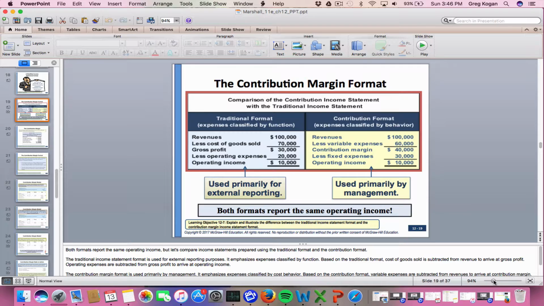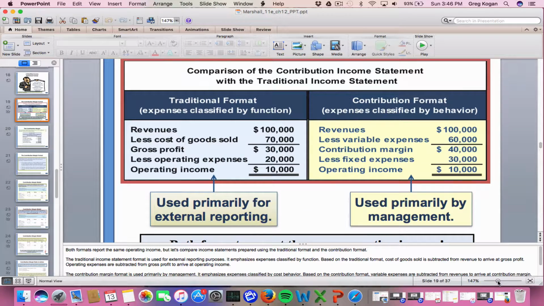So let's look at that one more time. This is the big piece to know from this. Revenues less variable expenses goes to contribution margin. Contribution margin shows us how much we have to dedicate to fixed expenses. So if you think about Nike, we had revenues. Now we're talking about the sales commission, labor, manufacturing cost, material cost.